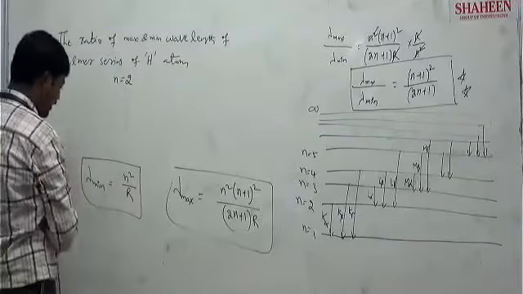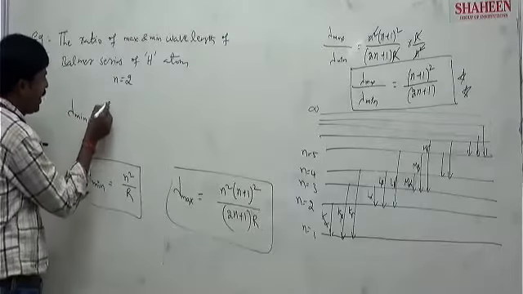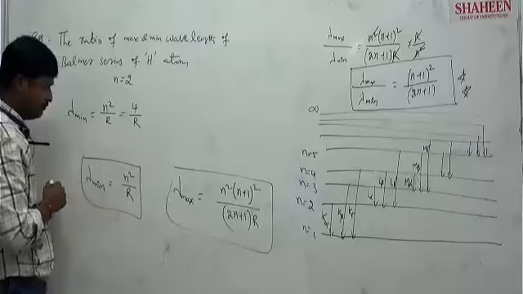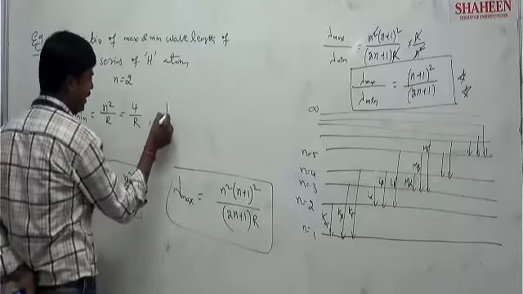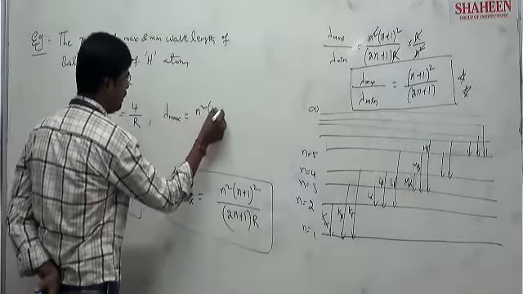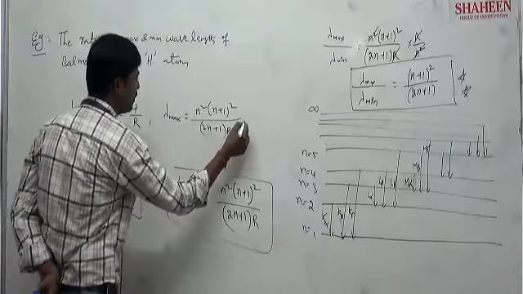Lambda minimum is n square by R, that is 4 by R. Similarly, lambda maximum is n square into n plus 1 whole square by 2n plus 1 into R.